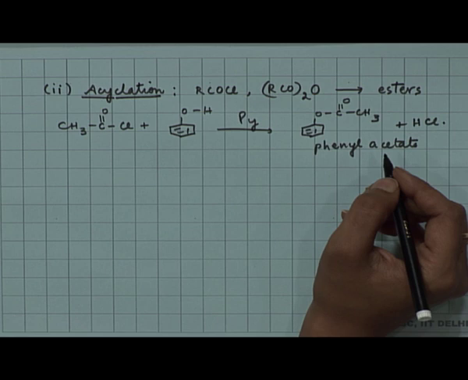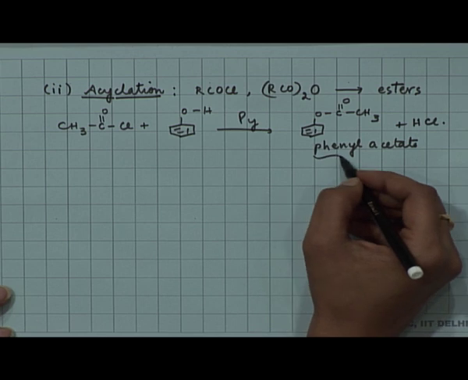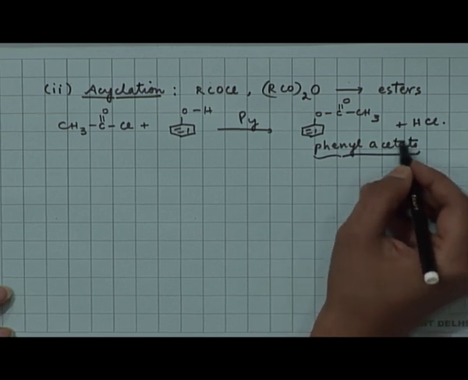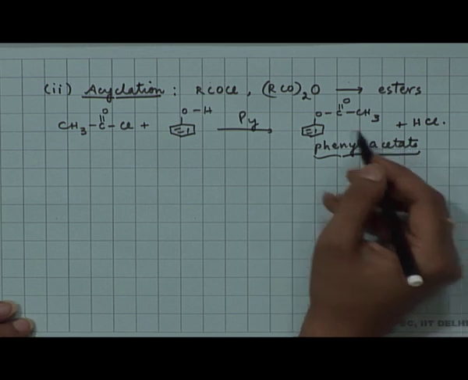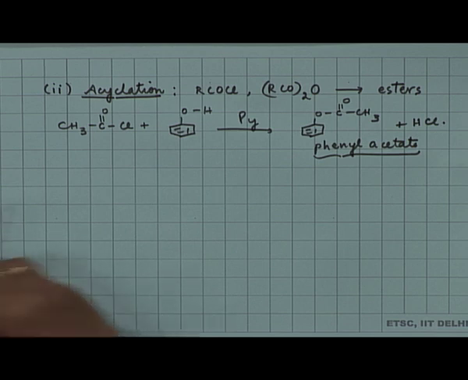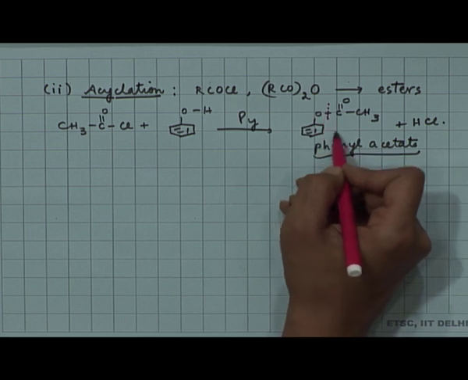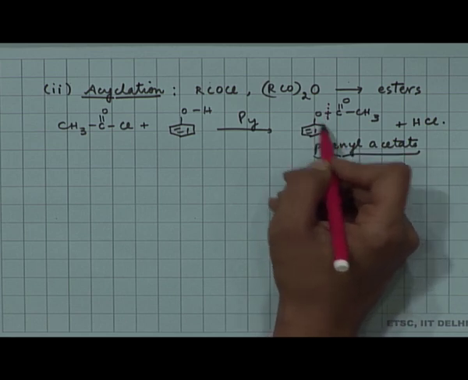We will discuss later that this phenyl acetate is susceptible to a rearrangement reaction, which is called a Fries rearrangement, where this acyl group is going to get lost from this position and going to be a part of the aryl ring.